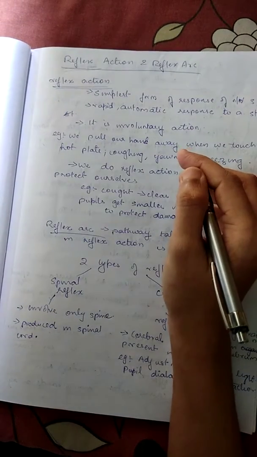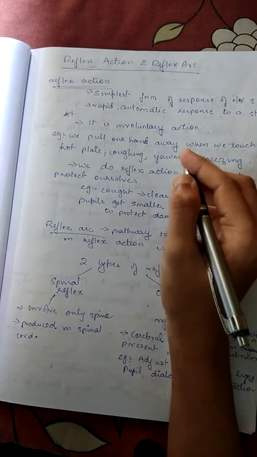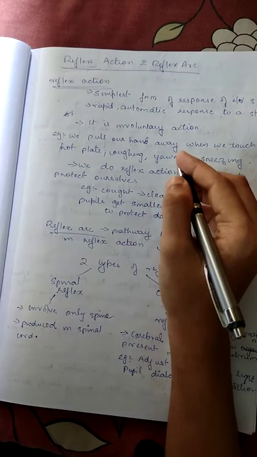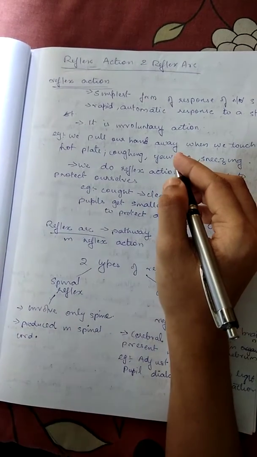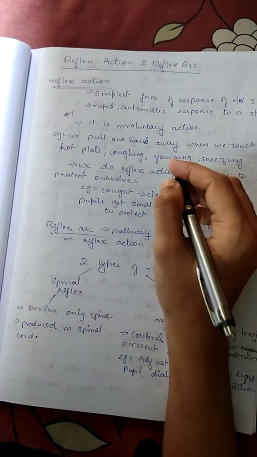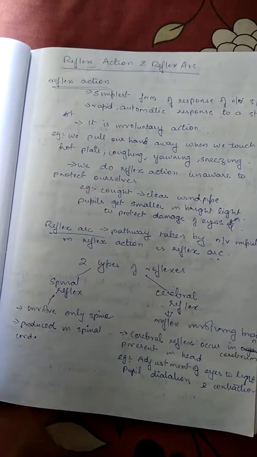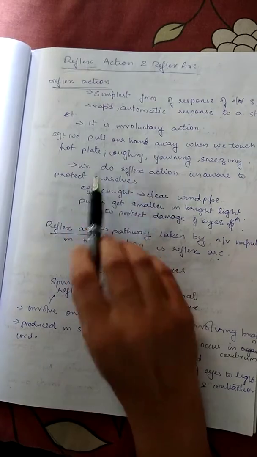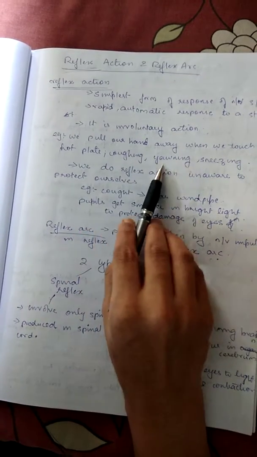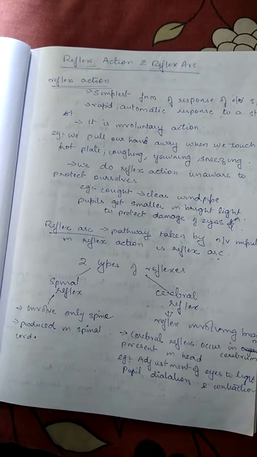Say, for example, if a stone or paper comes towards your eyes, you involuntarily close your eyes. You do not think and close your eyes. These kinds of actions are known as reflex actions. Touching a hot plate, coughing, yawning and sneezing are all reflex actions.